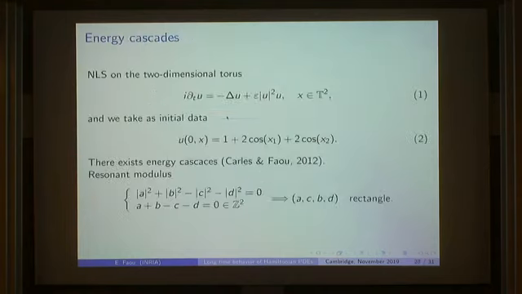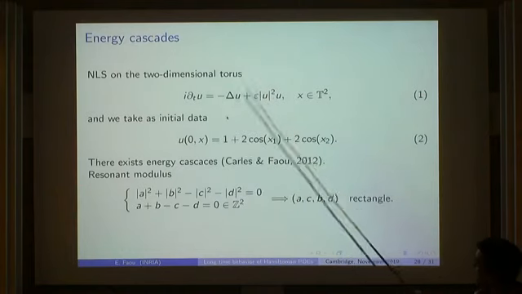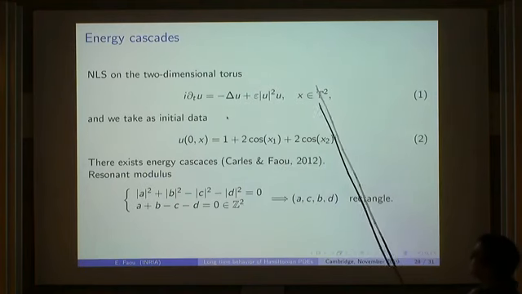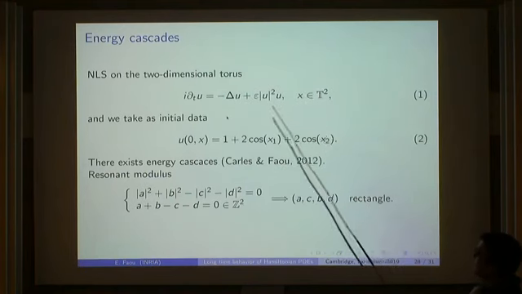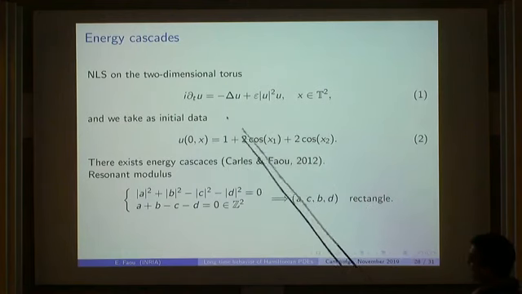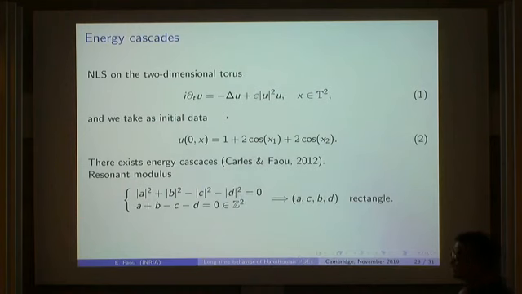So I will give you here a more specific, more physical example if you want. If you take now the nonlinear Schrödinger equation, the resonant one, on T2, the torus, and if you take this initial data made of 5 modes, sorry, mode 0 plus 1 minus 1 plus 1 minus 1 in two directions, then we can prove that there exist energy cascades.